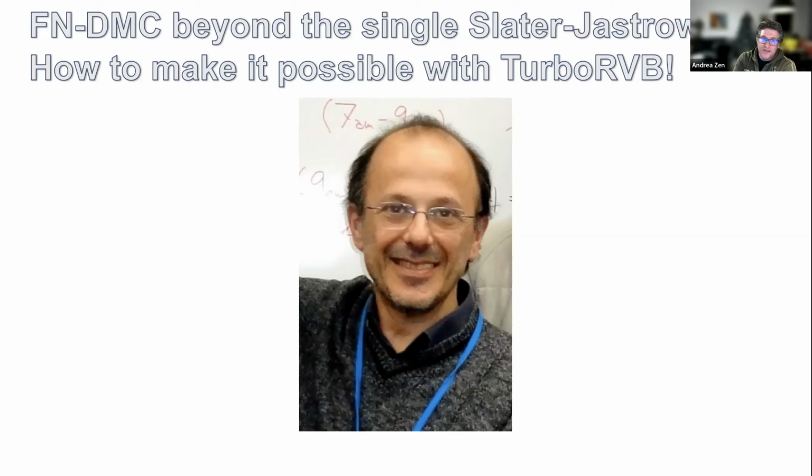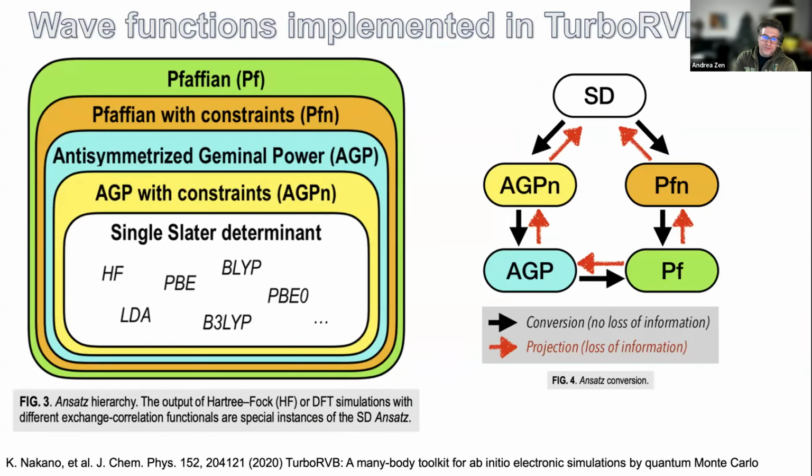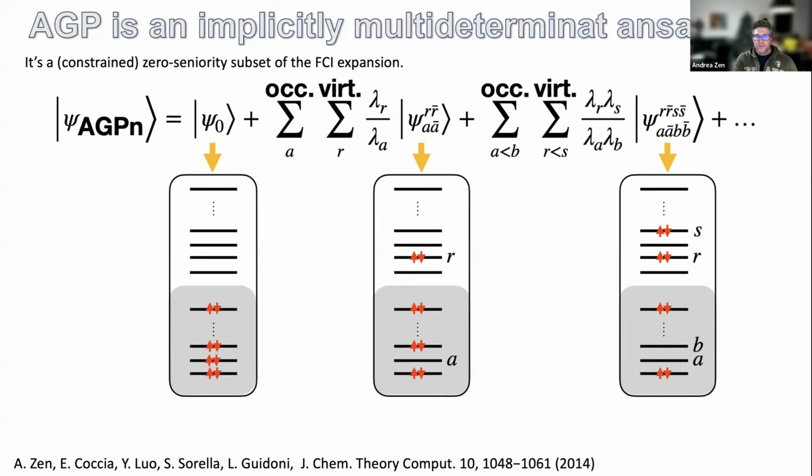I had an idea that I shared with Sandro Sorella, who was the person who taught me to do QMC. The idea was to use his code, TurboRVB, with a generalized ansatz, the AGP, which generalizes the single Slater determinant. It contains the single Slater determinant as a special case, and it is essentially implicitly multi-determinant.